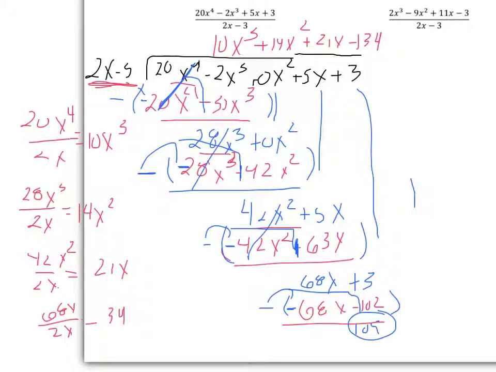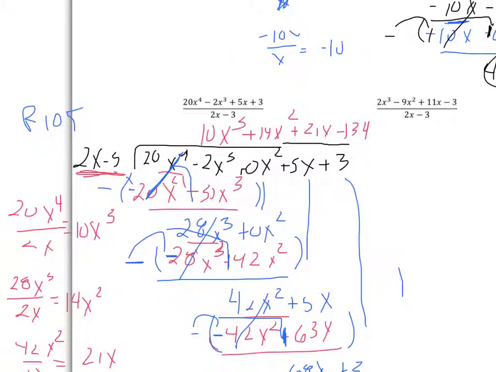So, remainder 105. So, this polynomial divided by this right here, I'm going to write it right here.